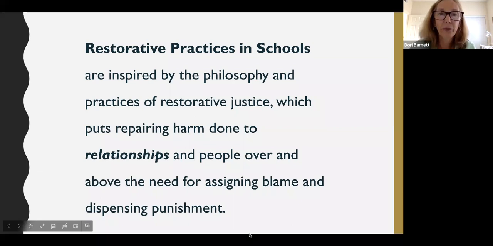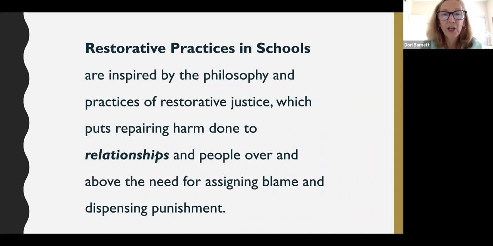Another thing I want to say about restorative practice before we get into some of the practices, you might have heard the term restorative justice. Restorative practices are inspired by and certainly stem from the philosophy and practice of restorative justice. But restorative justice is a term that is used within the correctional or prison system, and it refers to an actual decision-making process within the Justice Department. So in schools, we like to use the term practice.